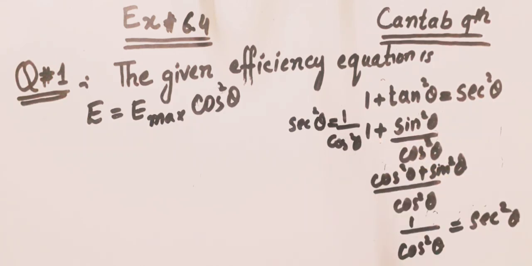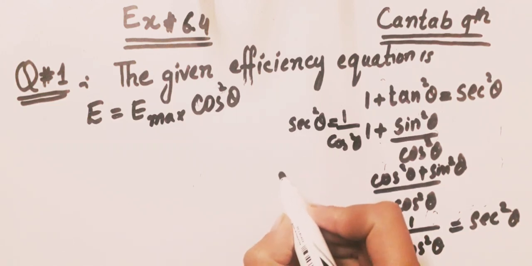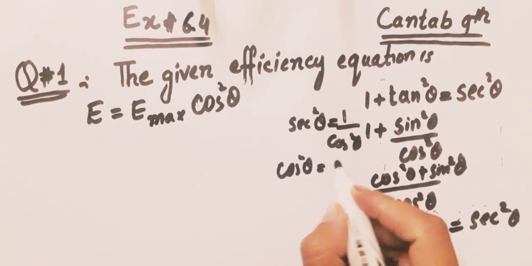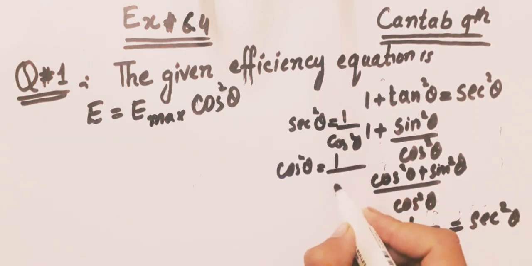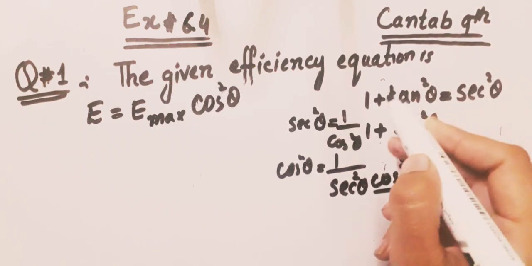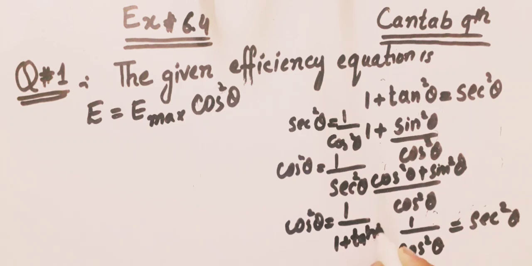So we will make this as cos square theta is equal to 1 over secant square theta, and by substituting this value, cos square theta is equal to 1 over 1 plus tan square theta.